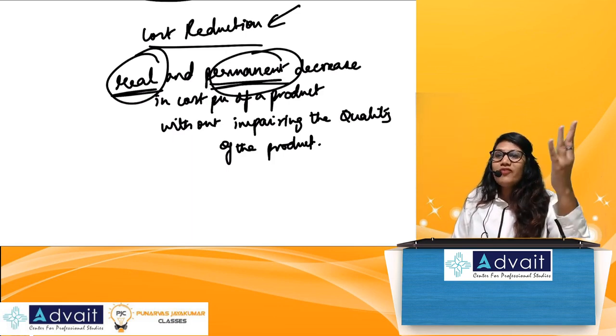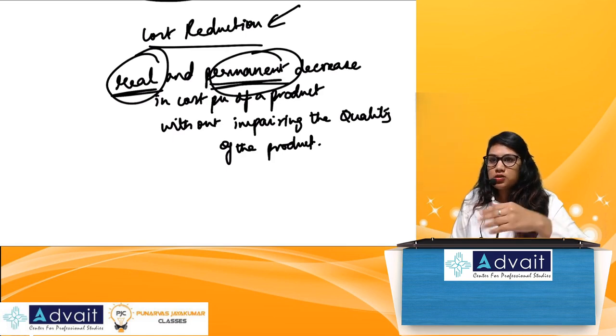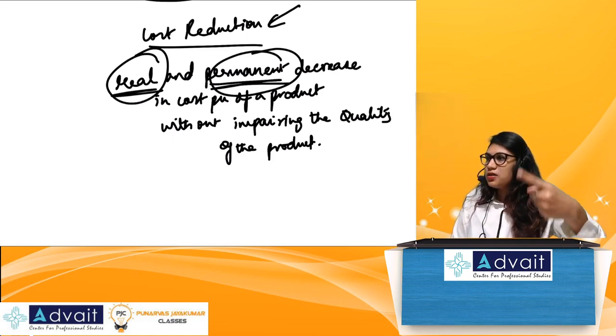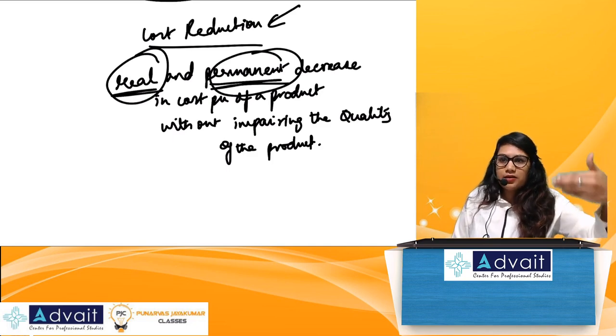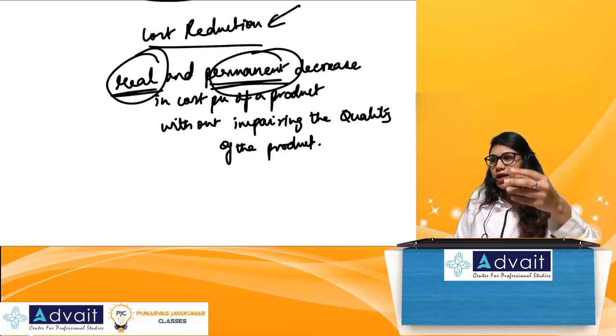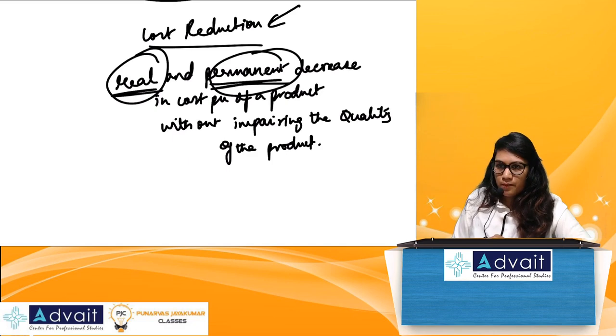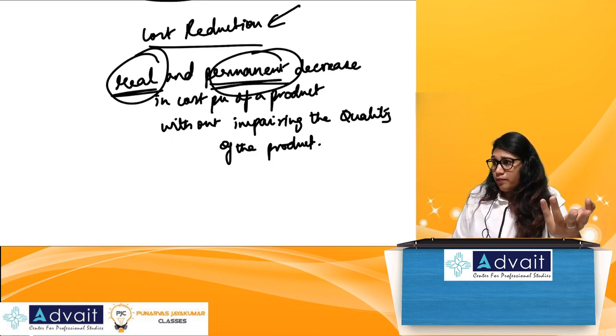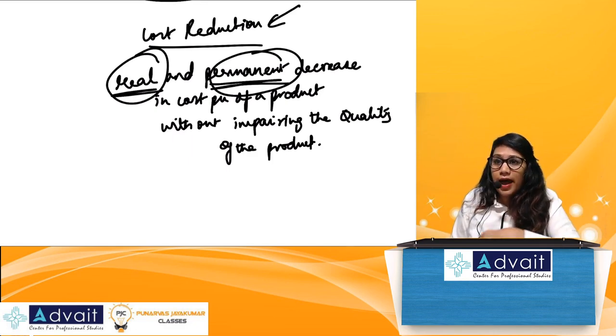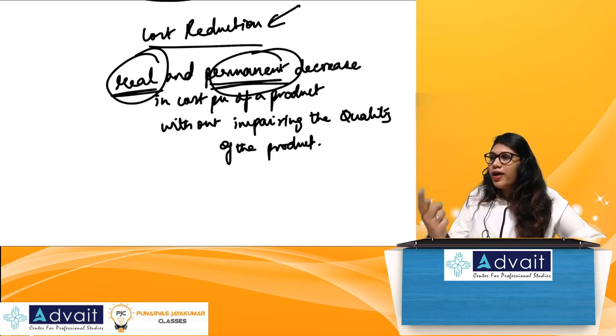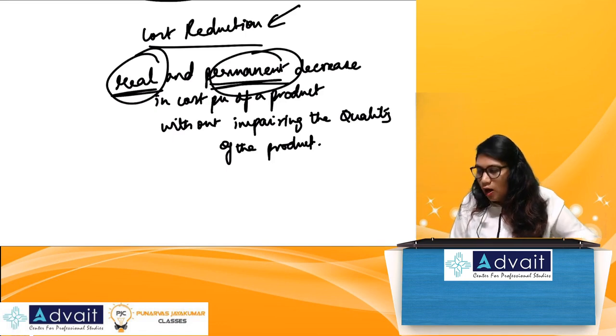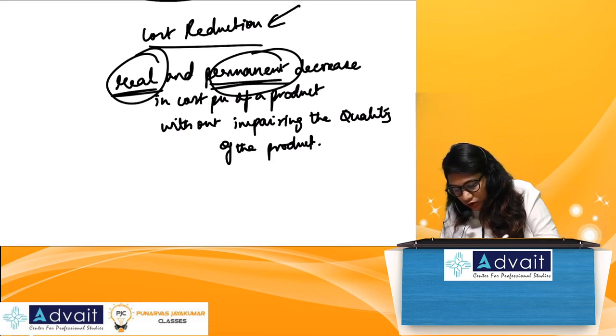But if I don't want to wait that long, because I have to continuously keep practicing cost control until finally I am at a stage where my costs will reduce, that will take time. I am impatient. I don't want to wait for that long. Then what can I do? There are other ways of cost reduction. You can bring about changes in technology.